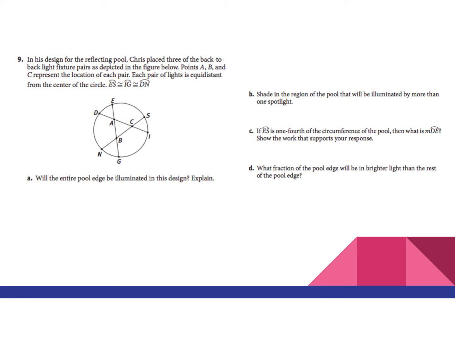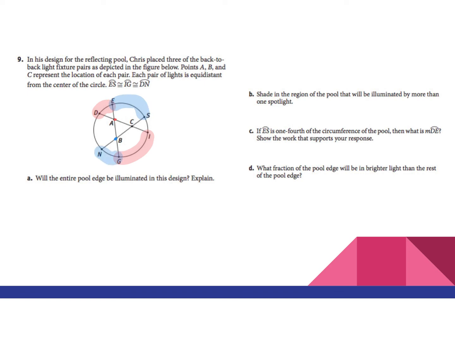So going back to, let's say, light fixture A, we know that it's going to open up to this arc right there. We also need to remember that since the fixtures are back to back, it is also going to open up to that arc right there. Let's say we wanted to go into light fixture B. We can see is going to cover arc ES and NG.